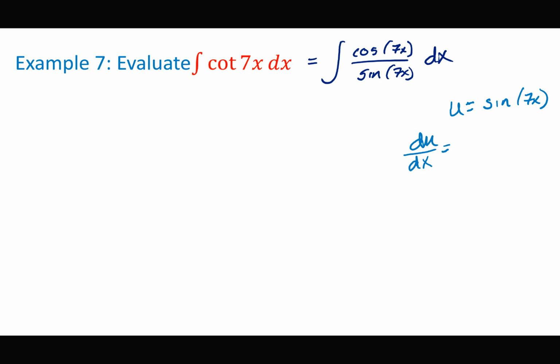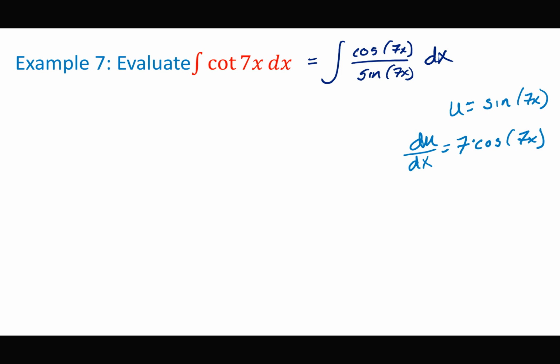What is the derivative of sine of 7x? Yeah, I didn't hear it all then. Kelsey, what did you say it was? Good. Okay, so the derivative of sine is cosine. Inside stays, times the derivative of the inside, or just bringing it all out to the front.